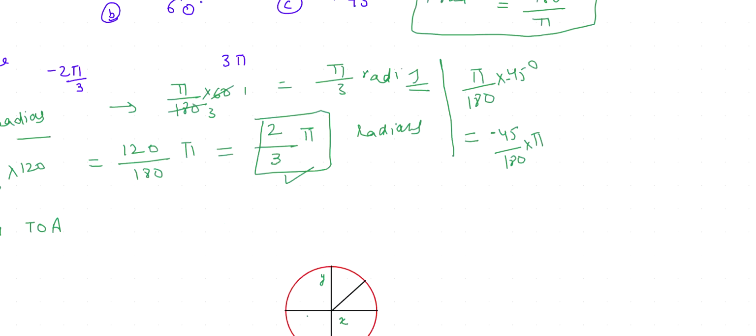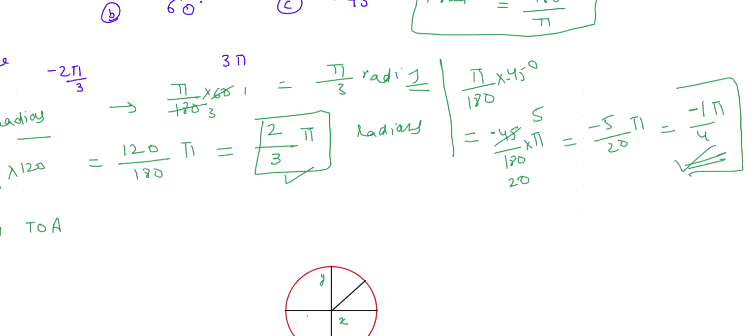Cut these by the common factor, that is 9. You will get 5 and 20. Again, solve this. Minus 1 by 4 pi. So you got the value for minus 45 degrees in radians, that is minus pi by 4. Clear? Okay.